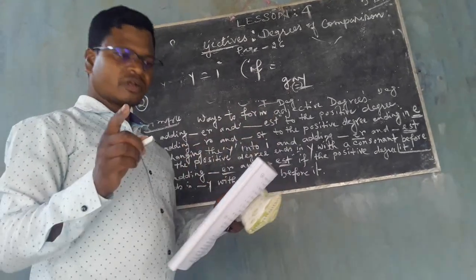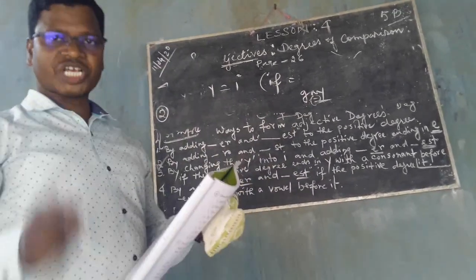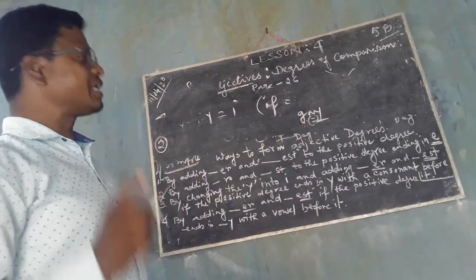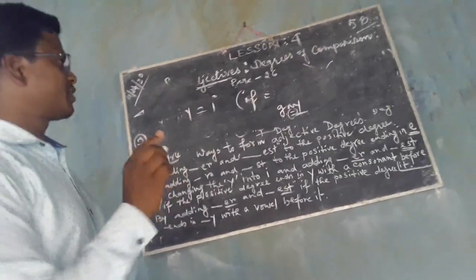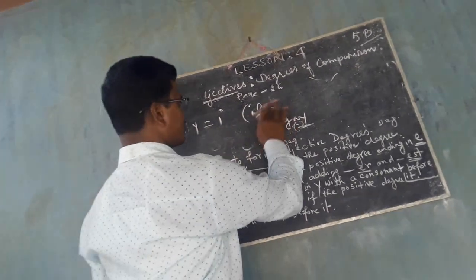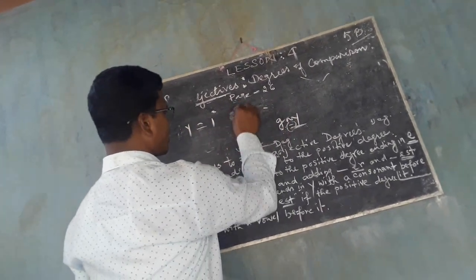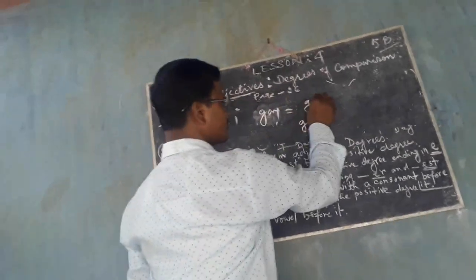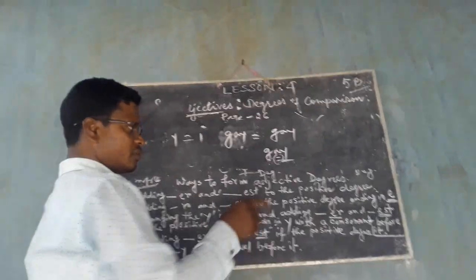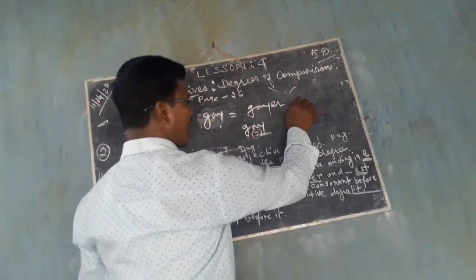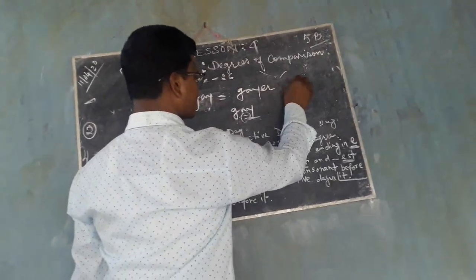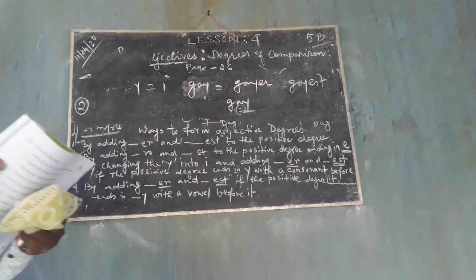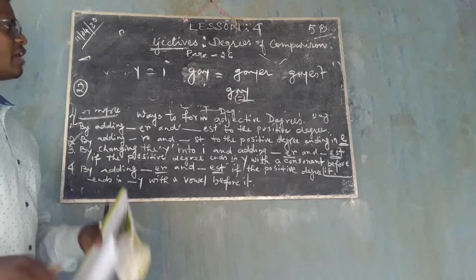Then you don't need to change. Rather, you will be adding er and est to make comparative and superlative. This is the positive degree, then in the comparative only er, and in the superlative degree we will add est. I think I have made it clear.